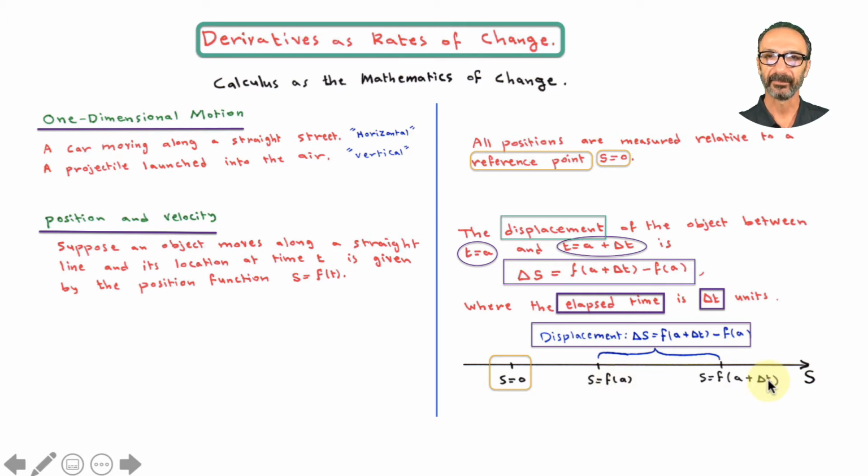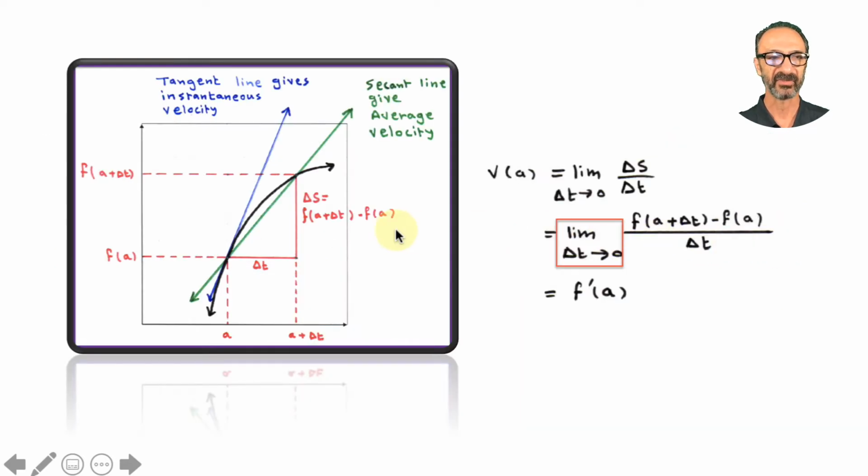After some time change, we have s equals f of a plus delta t. So we're moving from a to a plus delta t, to another location. This much is called displacement, delta s, which is f of a plus delta t minus f of a. Let me explain more with a graph that we have seen similar ones before in previous videos.